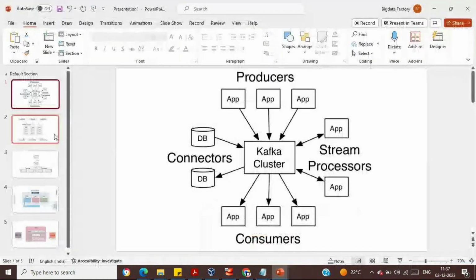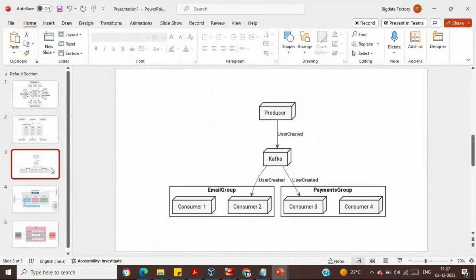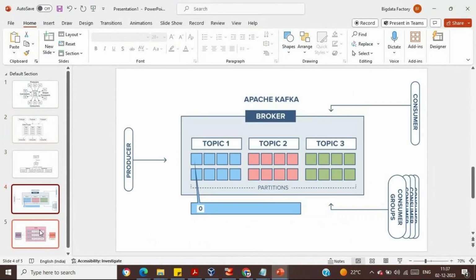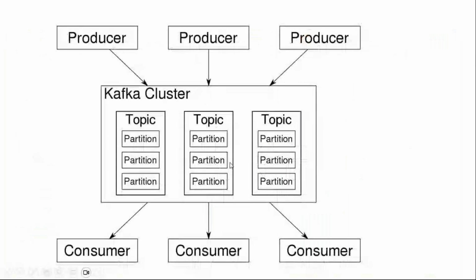Just have a look over here. So this is a Kafka cluster basically, and it contains producers, which are producing the messages. Inside the Kafka cluster, the cluster is a combination of multiple nodes. It is not like a single machine is available over here.